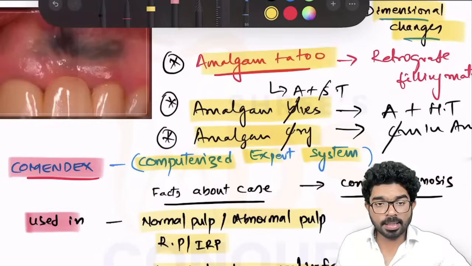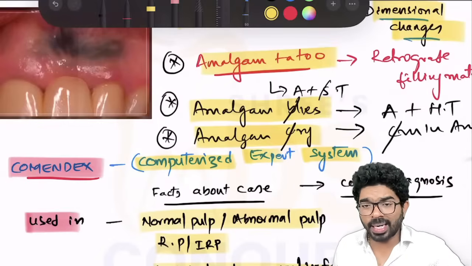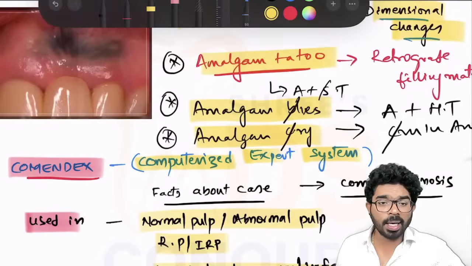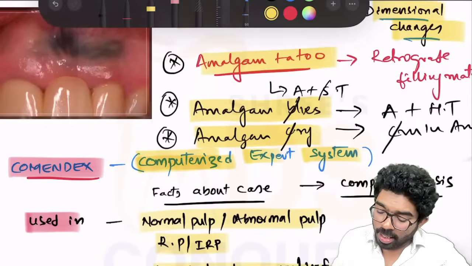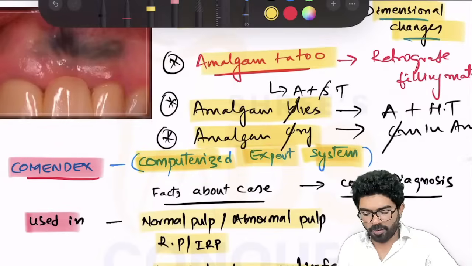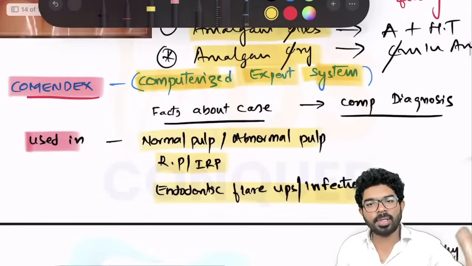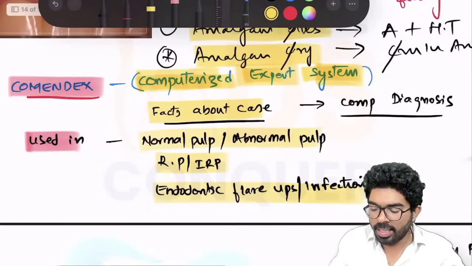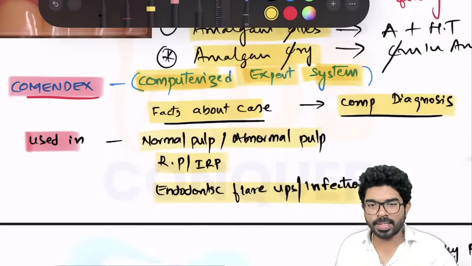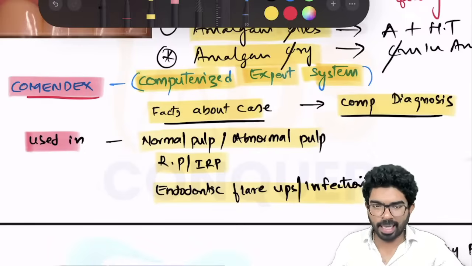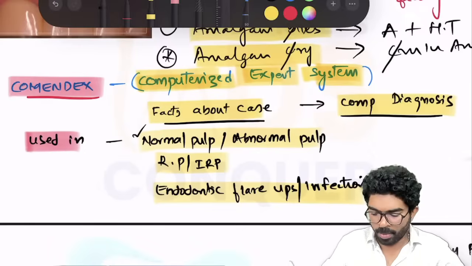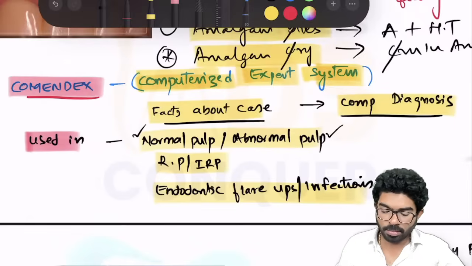So next one is computerized expert system. There is something called Comedix. This is a computerized expert system where the computer is going to take a few facts and information about the case, and the computer is going to do the diagnosis part. Okay, and this can be useful in not all the cases. It can be useful to differentiate normal pulp and abnormal pulp.